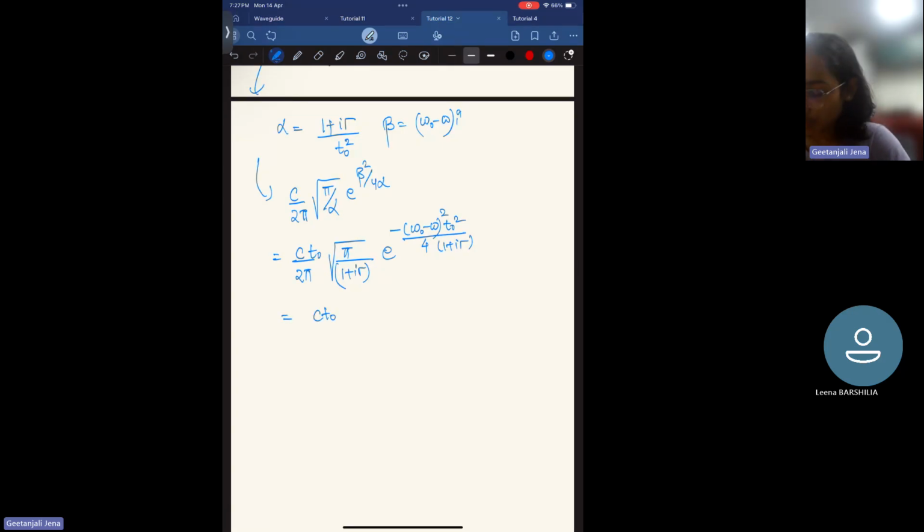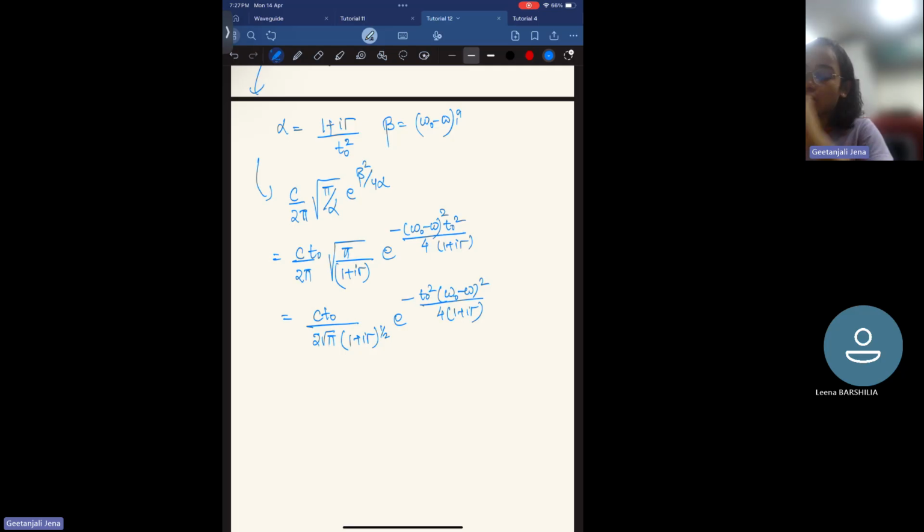So C of T0 over 2 root pi, 1 plus i gamma, of e to the power minus T0 square (omega 0 minus omega) square by 4. So we know the spectrum now.